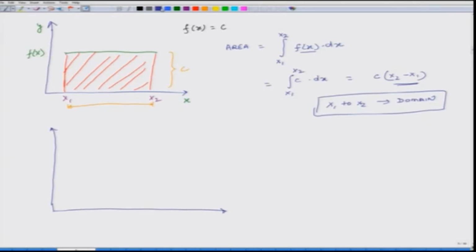So, now moving on and going back, I have another function f x. So, this is my y axis, x axis, but it is very complicated. Okay. It is very complicated, and I have to find the area between x1 and let us say x2. So, this is the area I am interested in.